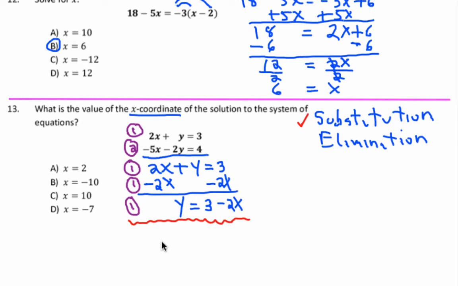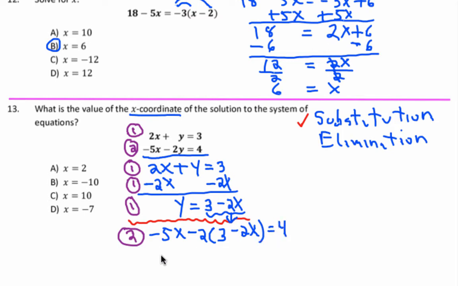So I'll place equation number 2 here, and it starts out with negative 5x minus 2 times y. Well, I just found y, so this is what I'm going to plug in here. 3 minus 2x equals 4.